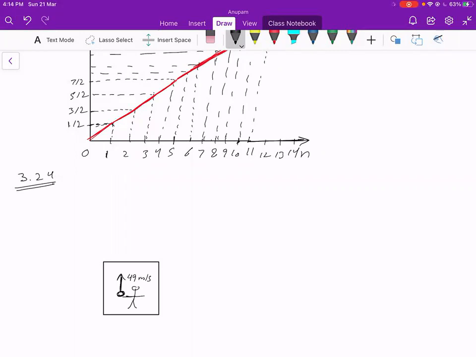How much time does the ball take to return to his hands? This part, I think you should be able to do yourself, isn't it? Did you try this one? Just give it a shot.